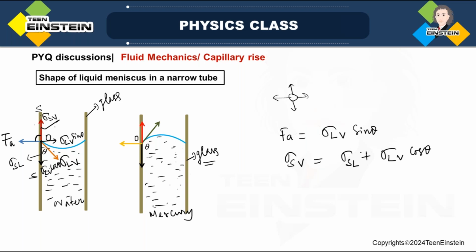Now this angle of contact, look, if I just write cos of theta, then what I get is sigma SV minus sigma SL divided by sigma LV.